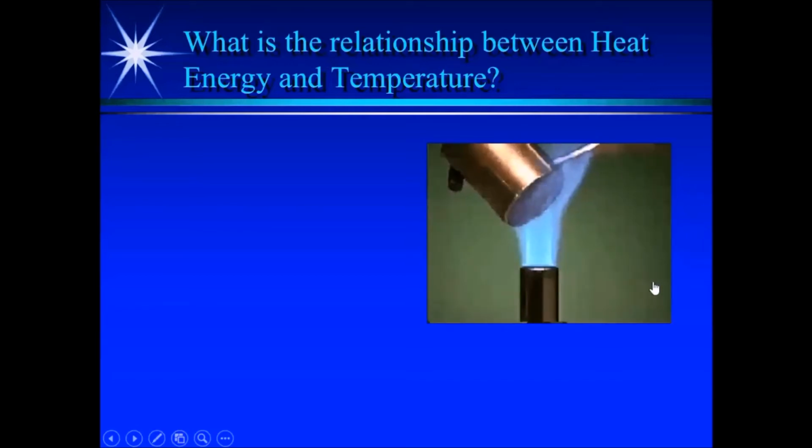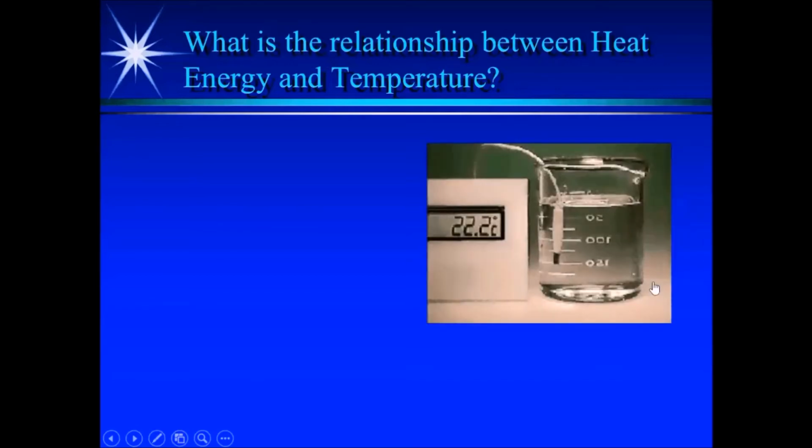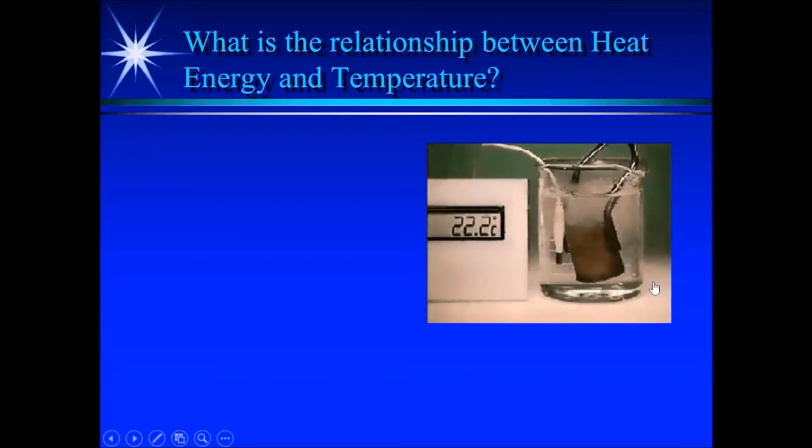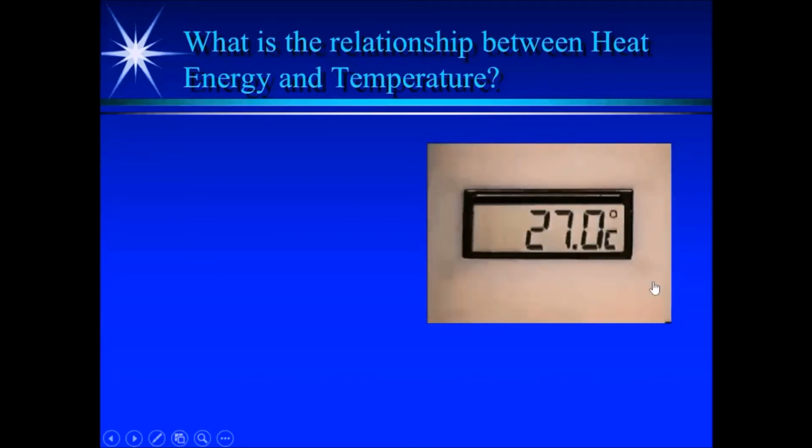The more rapid these atomic scale motions, the greater a substance's thermal energy, and the hotter it is. When we plunge a hot metal bar into cool water, thermal energy from the bar transfers to the water. While the atoms and molecules of the bar slow down, those of the water speed up. The transfer of energy can be measured as a rise in water temperature.